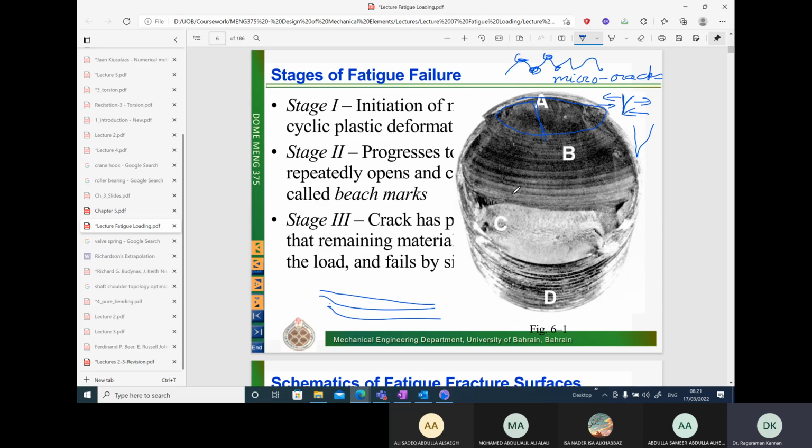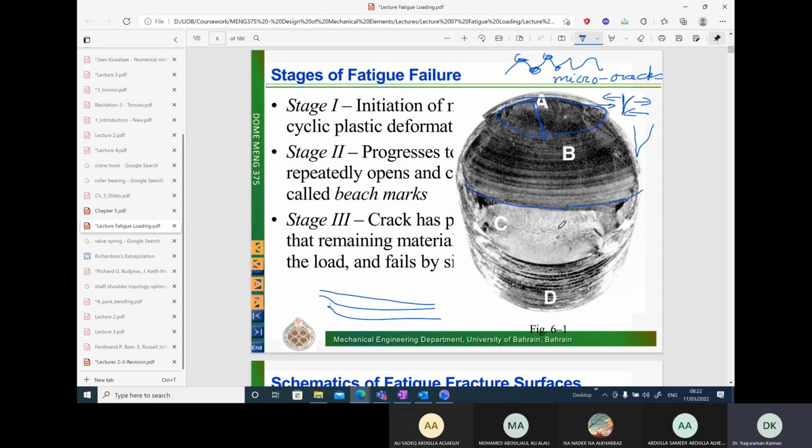Now, when it reaches the end of stage 2, what happens here? There is only a small portion of the material that is in contact for the entire material. That means only this area will carry the entire load. At this point, since we have a very small cross section carrying the entire load, this entire area has become strain hardened and it has become brittle.